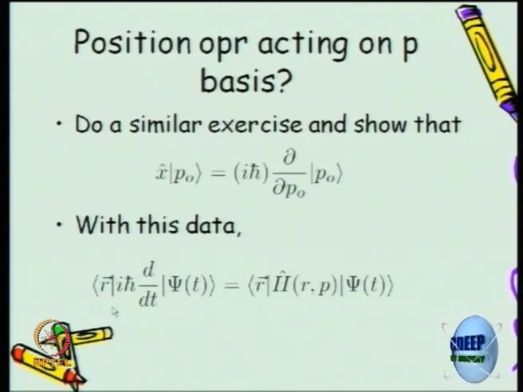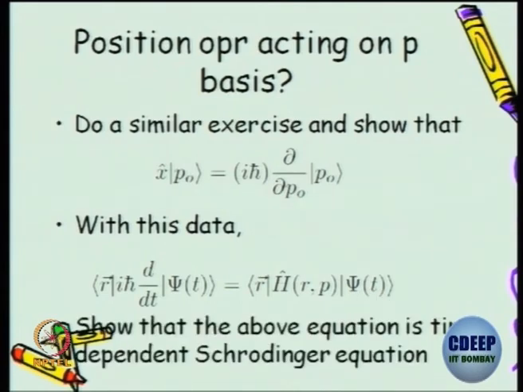In 3 dimensions you take an r vector. Now this is the exercise for you. The H operator is p squared over 2m plus v of r, and p squared over 2m can be replaced by minus h cross squared del squared over 2m.